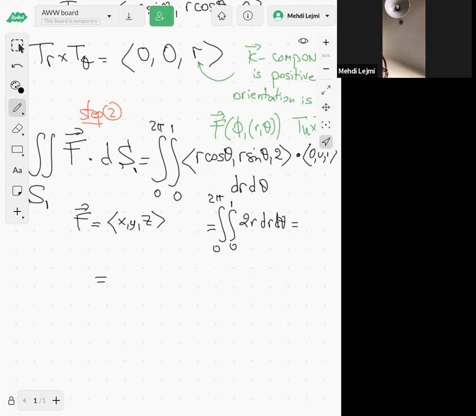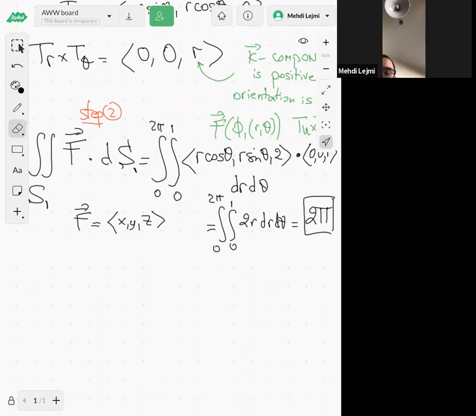So the answer here is just 2 pi. All right, so that's the integral over the first piece of the boundary.